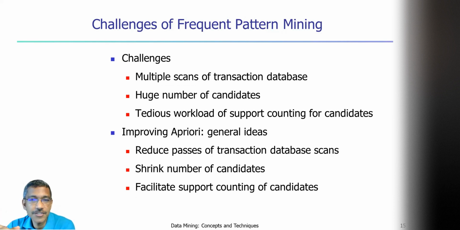So what are some of the challenges in frequent pattern mining? One of the biggest challenges is that we have to do multiple scans of the database. I already alluded to that. Nowadays, we have in-memory databases, but still, if you talk about the sizes of these data sets, we can't think about putting it all in memory.